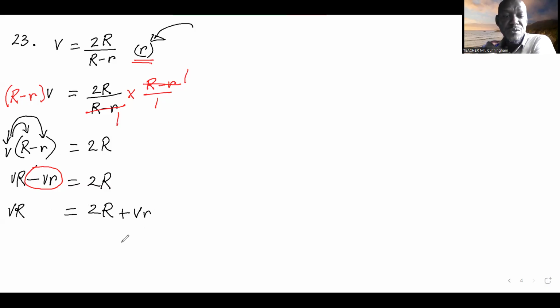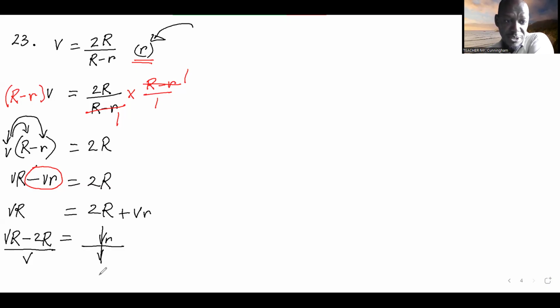Now I'm going to take the 2R and carry it on the other side. Notice my equal sign is still under the equal sign, people. And finally, people, finally, I am just going to divide by V. Whatever you do on one side, you do on the next side.